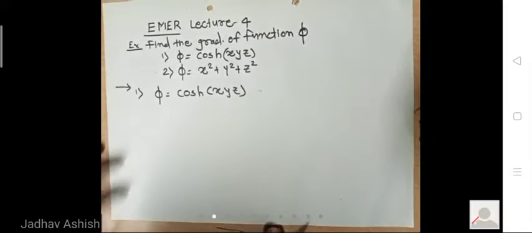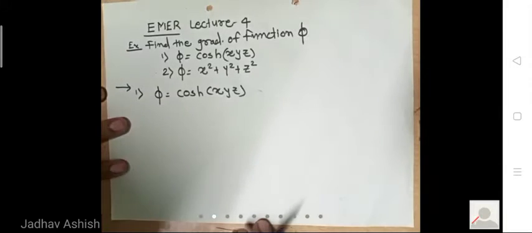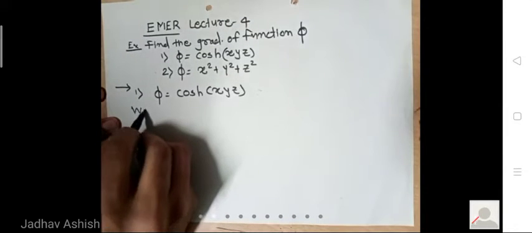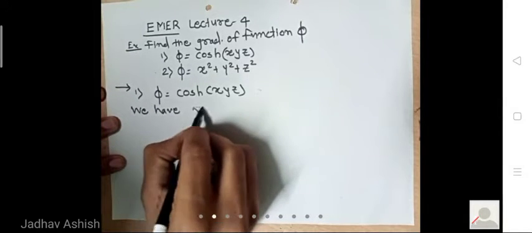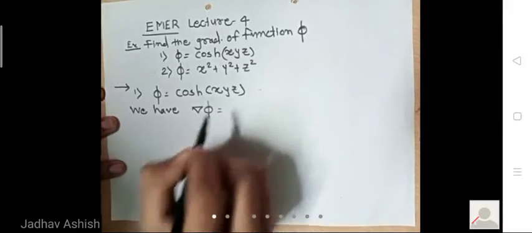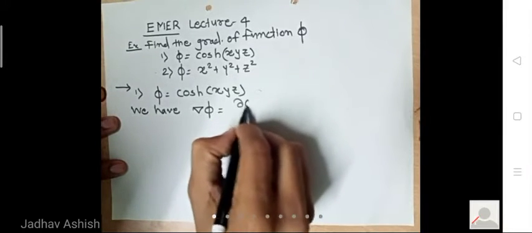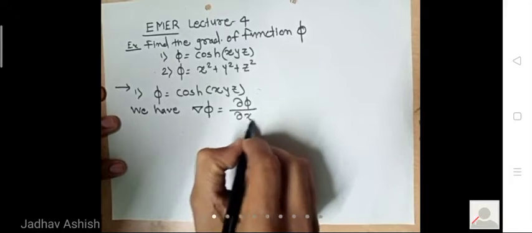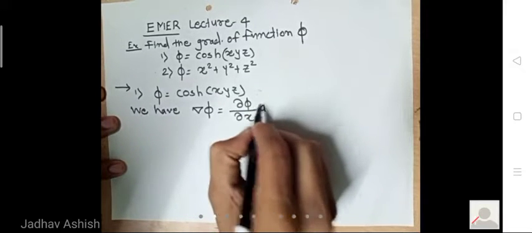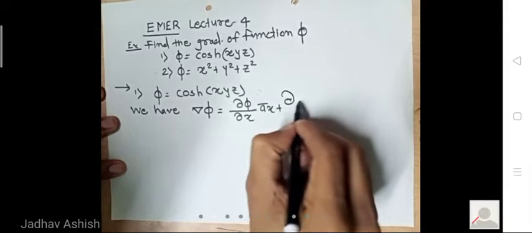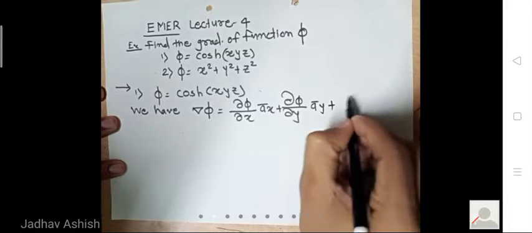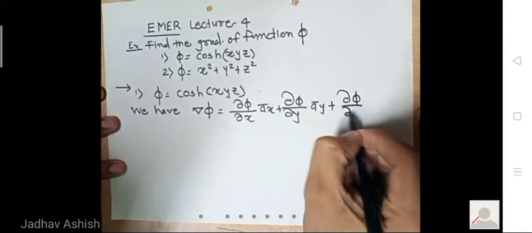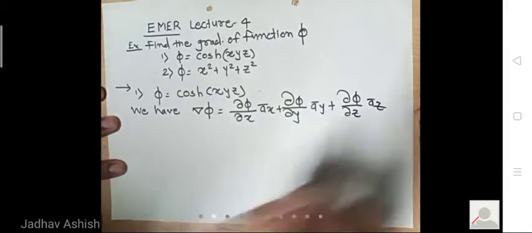basically we will write the formula for the gradient. We know that the gradient of phi, that is del phi, is equal to dou phi by dou x a bar x, plus dou phi by dou y a bar y, plus dou phi by dou z a bar z.